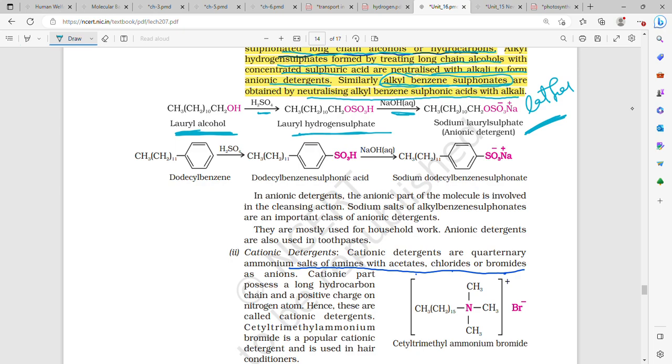So here we are going to take dodecyl benzene. We are going to put sulfuric acid, then we are going to get dodecyl benzene sulfonic acid. Then we are going to treat it with alkali, and we are going to get sodium dodecyl benzene sulfonate.